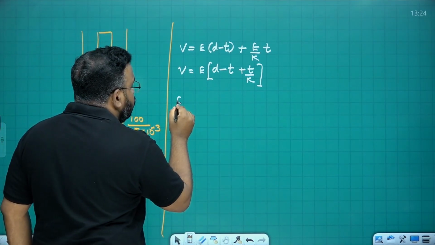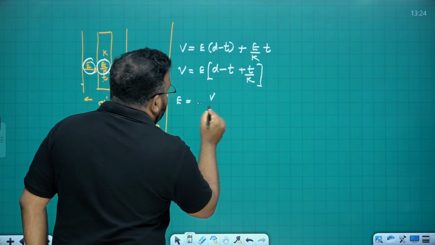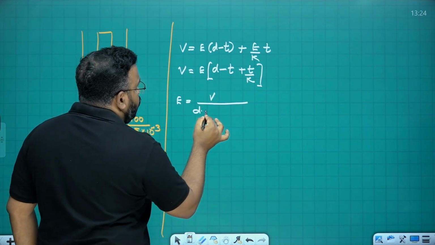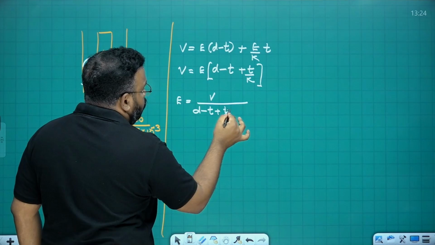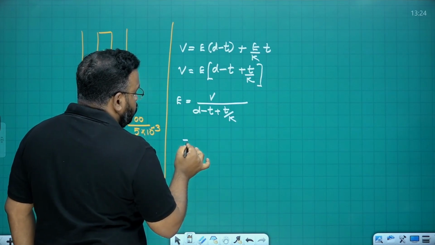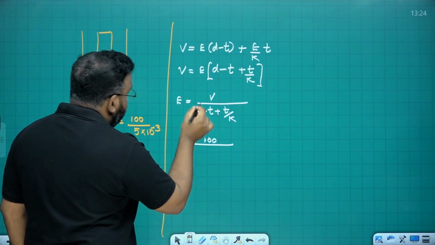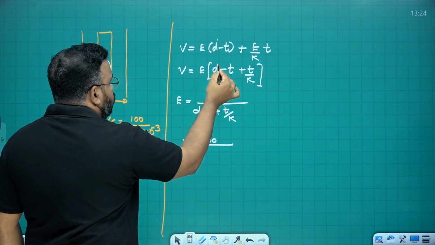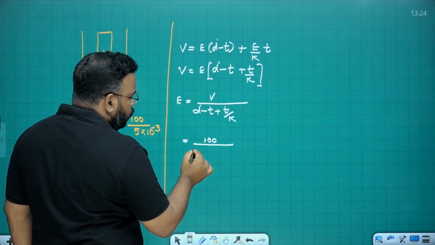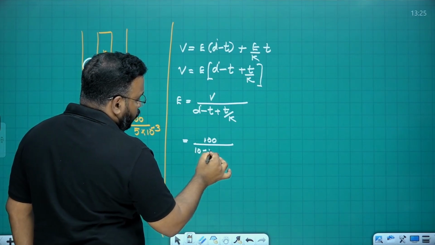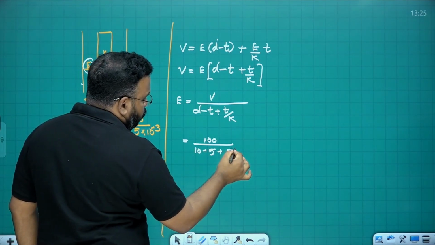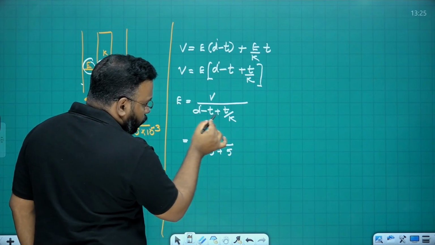So the new electric field E is equal to V divided by D dash minus T plus T by K. Substitute. V is 100, and the new distance, D dash, we need to take. So 10 minus 5 plus 5 by 2.